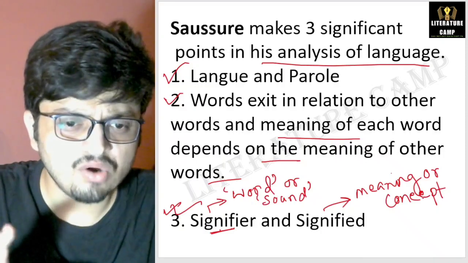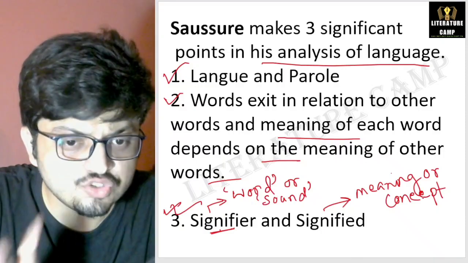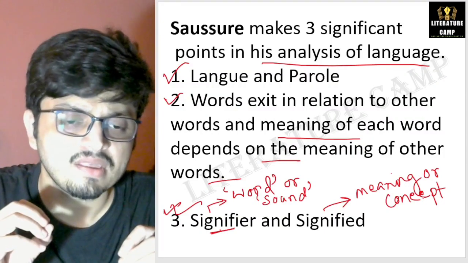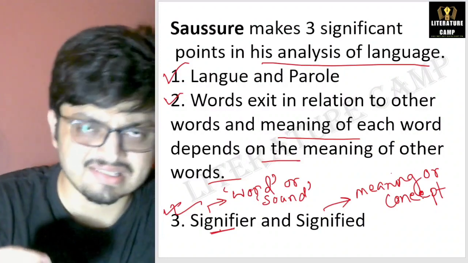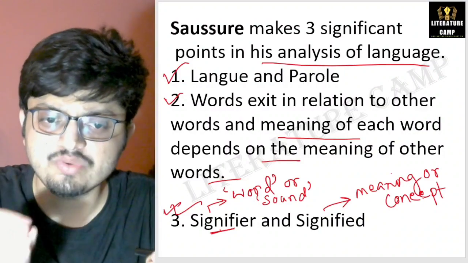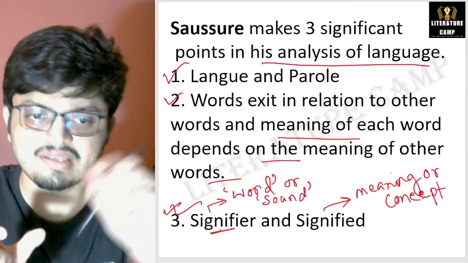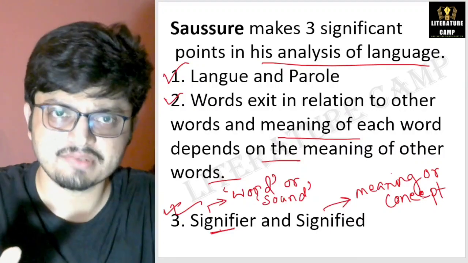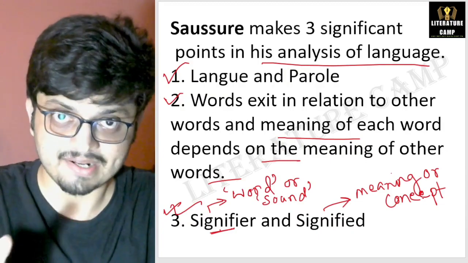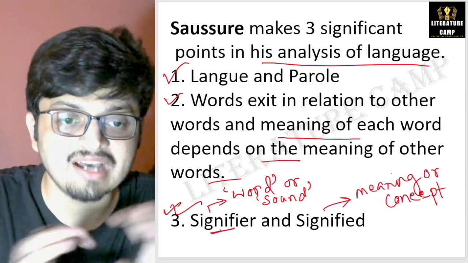Saussure talks about the relationship between these two, signified and signifier. Saussure discusses that the relationship between the signifier, meaning word or sound, and signified, meaning the concept or the meaning of the word, is arbitrary.